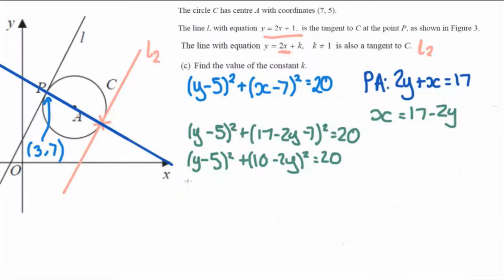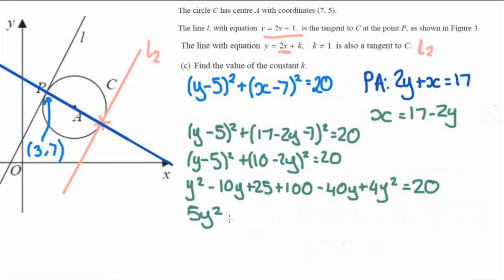So expanding, we get y squared minus 10y plus 25 plus 100 minus 40y plus 4y squared equals 20. With a bit of rearranging, we end up with 5y squared minus 50y plus 105 equals 0.